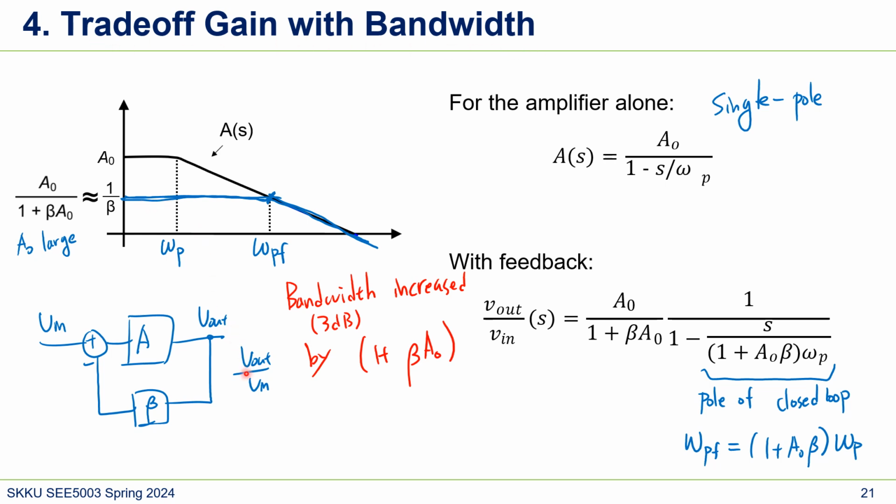If you want to have larger closed loop gain, then our feedback will be like this. Maybe it's going like this, and that can be a new prime. So if you have larger closed loop gain, then we'll have smaller 3 dB bandwidth. If you have smaller closed loop gain, then we can have larger bandwidth.